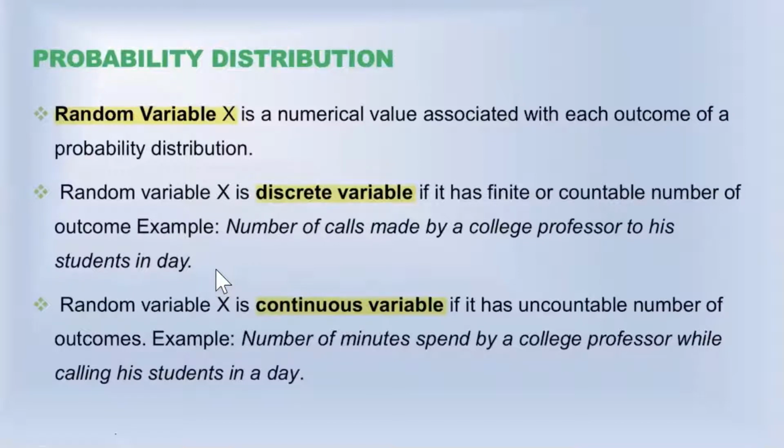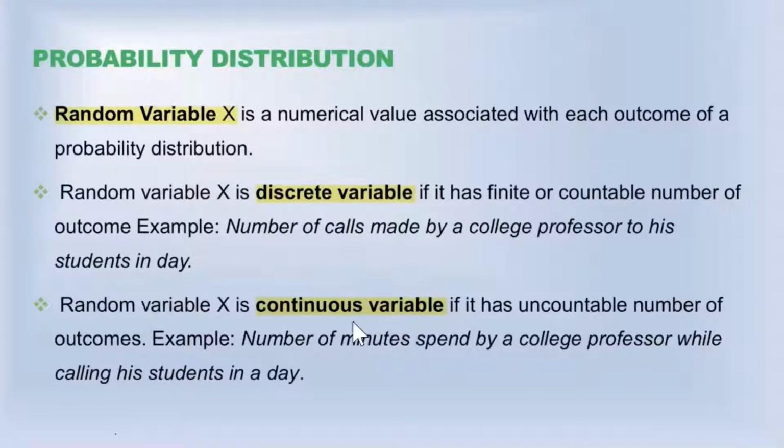If we want to count that, it can be 0, maybe he had not called, or it can be 1, 2, 3, or 4, and so on. You will not have any decimal value. So this random variable is a discrete random variable because it will take only whole numbers like 0, 1, 2, 3, 4, and so on. It will not take any decimal value.